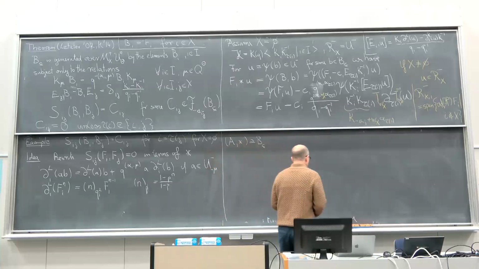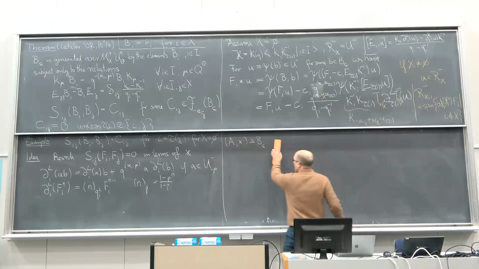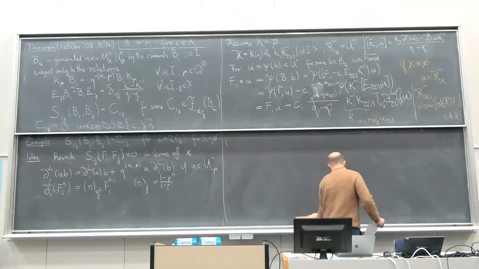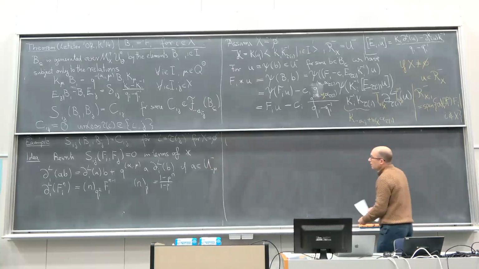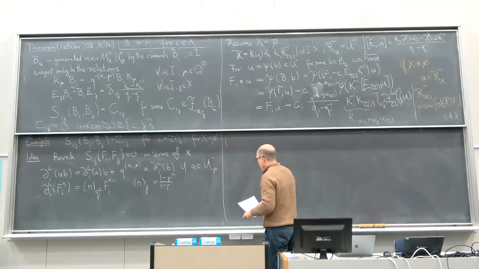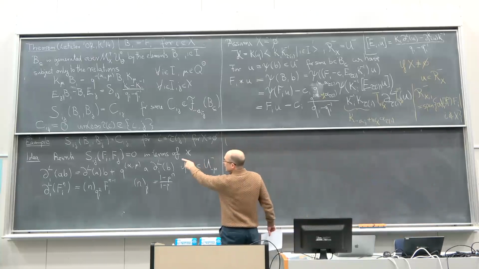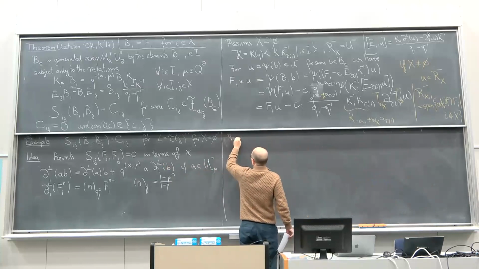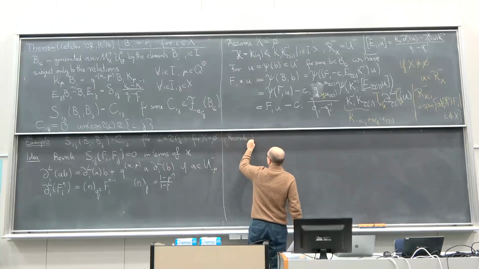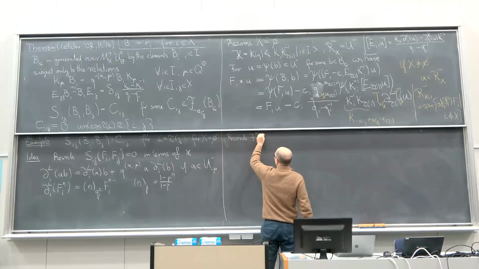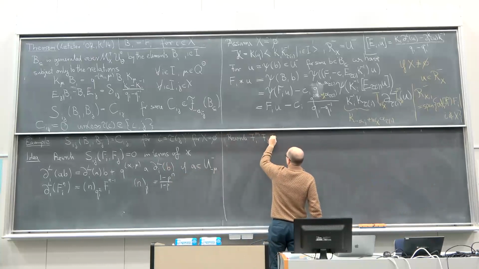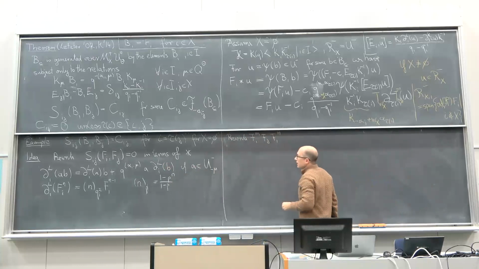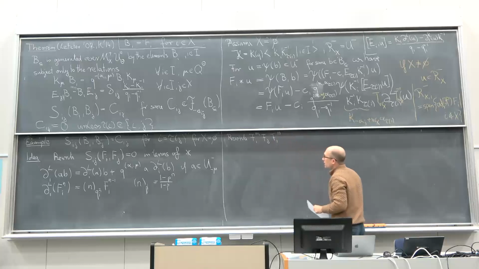So we split up our Serre polynomials, and we want to rewrite F_i to the m, F_j, F_i to the n in terms of the star product. And then we sum these things up with the binomial coefficients and so on.